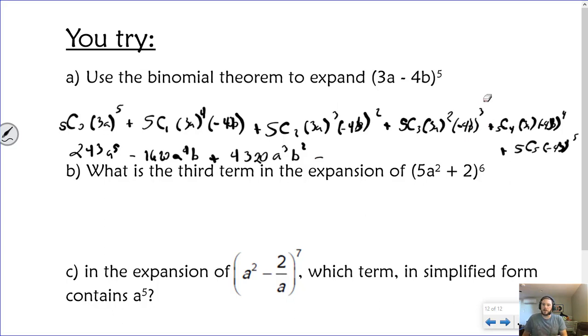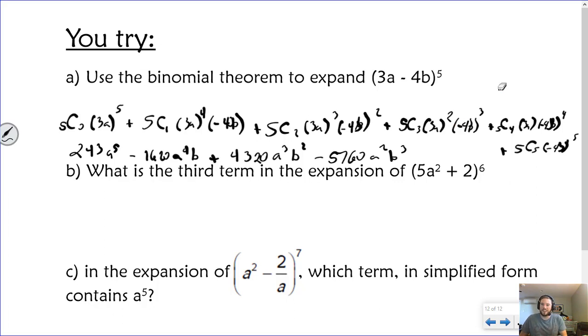And then the next one's going to be minus because our negative has an odd power, so 5c3 times 3 squared times negative 4 to the power 3 is negative 5,760 a squared b cubed.